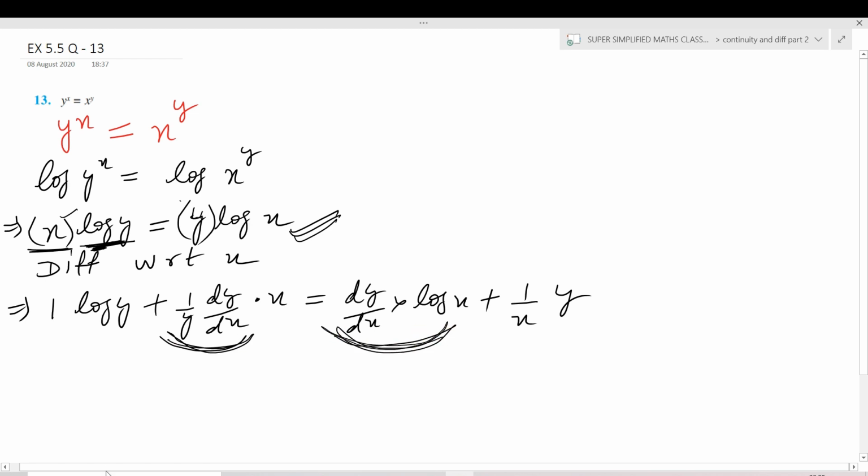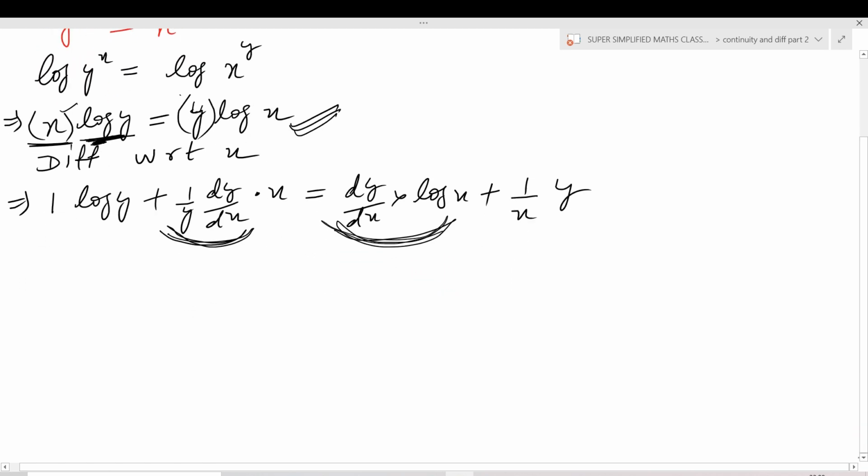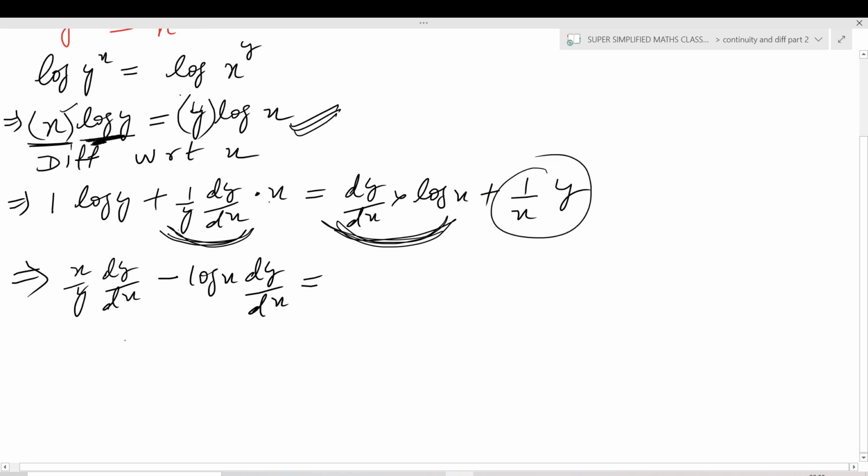So we keep both these terms on the left hand side and all the rest of the terms on the right hand side. So x/y dy/dx minus log x dy/dx is equal to, and I keep this term on the right hand side and this term also on the right hand side.